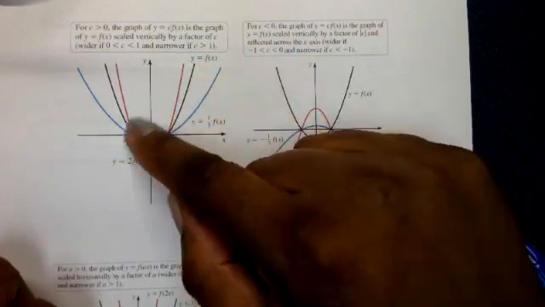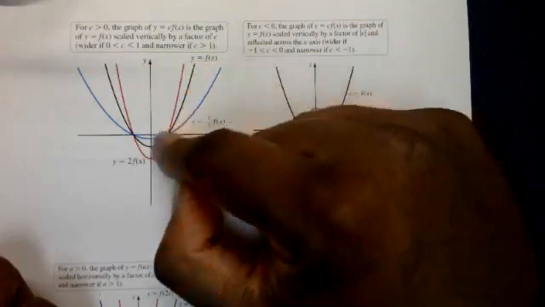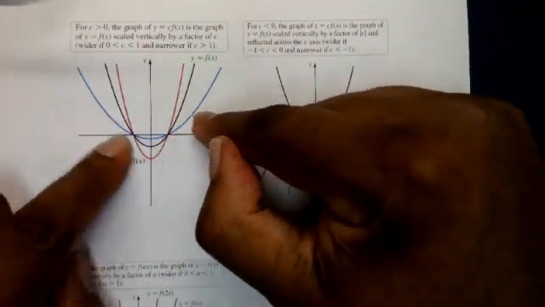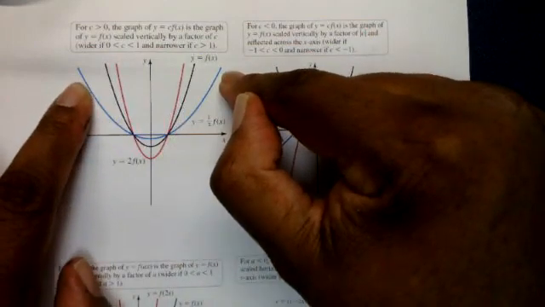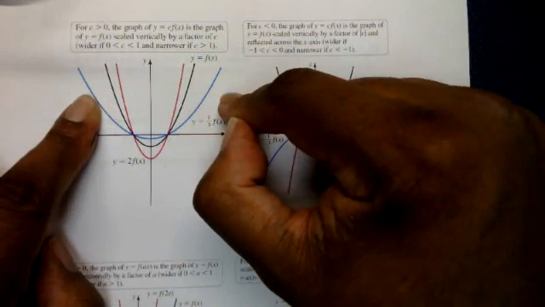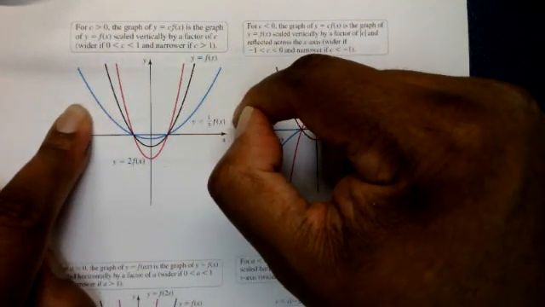So let's say the one in black is the y equal f of x. For y equal f of 1/3 x, you can see the one that's in blue, it's been wider, scaled vertically. So it's a vertical stretch.